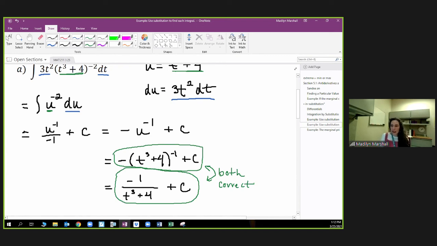That's just one of those things, like when we're doing derivatives in the context of graphing, we want to have positive exponents so that we can evaluate and solve and things like that. In this context, either of these is totally fine. They both work.